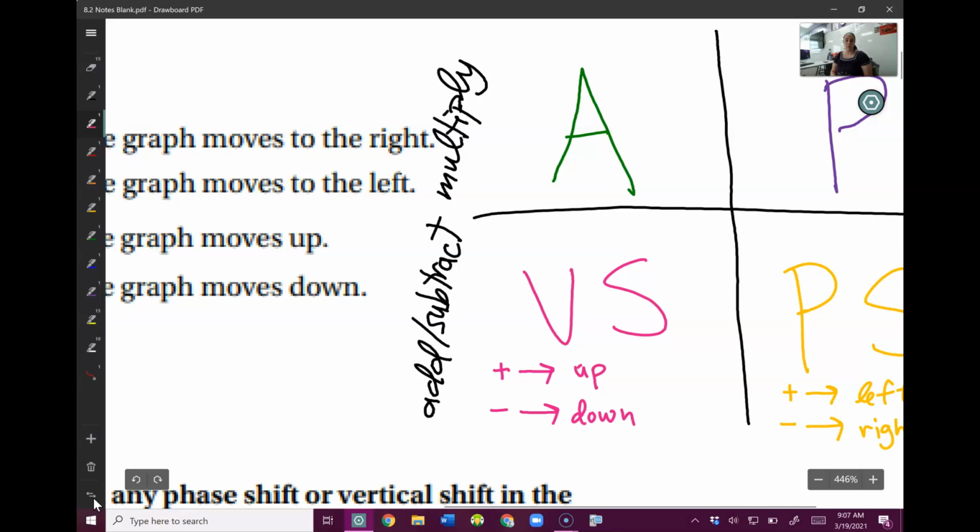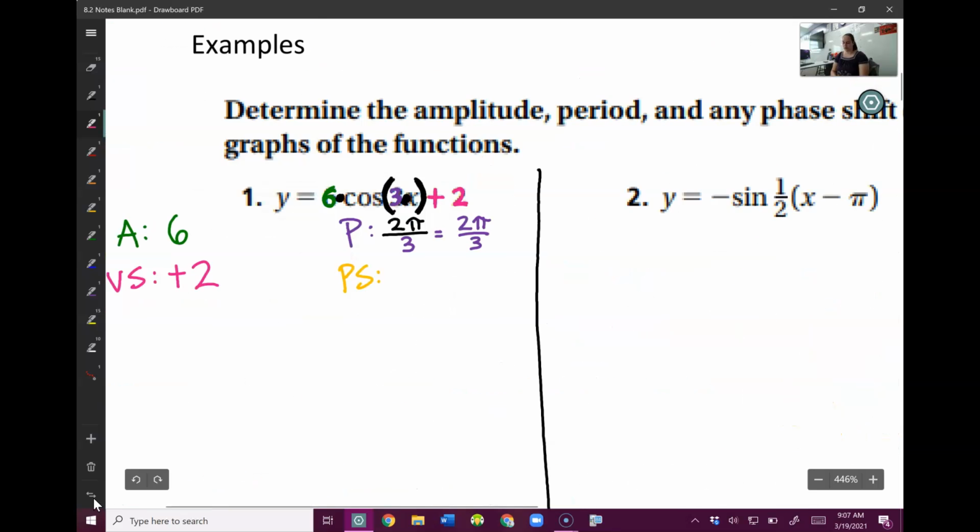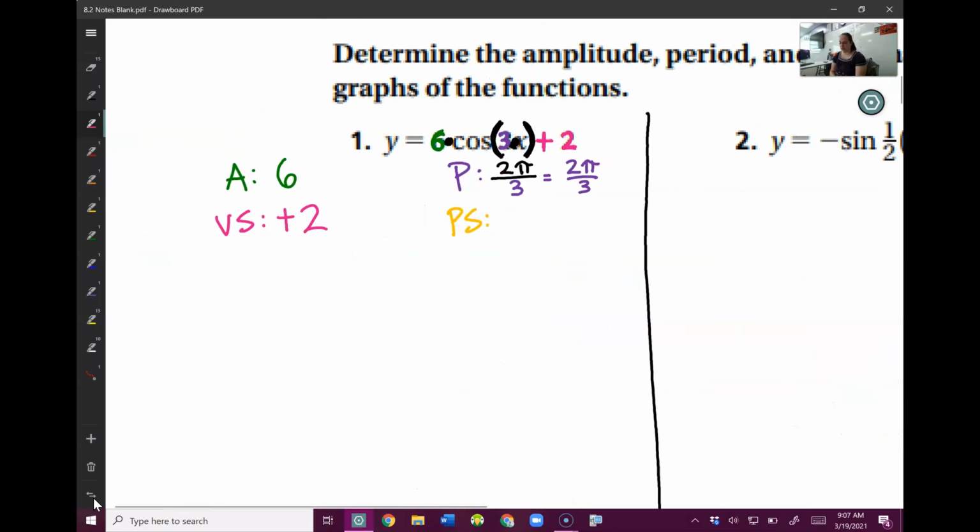So this is going to move up. So if I come back to this problem, I need to either write up to show that direction, or if you want to, you can do an arrow. Either one is fine. But I need to see that you know this isn't just a +2. You know what direction that means. So if you don't have the direction attached to it, you will miss points.